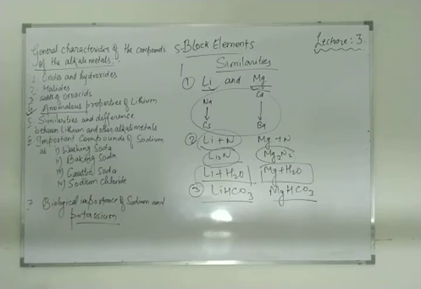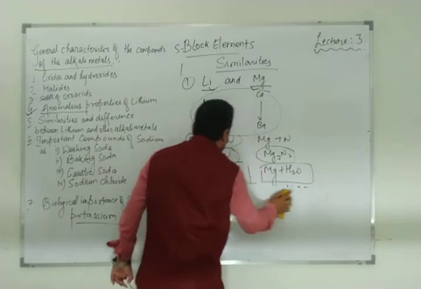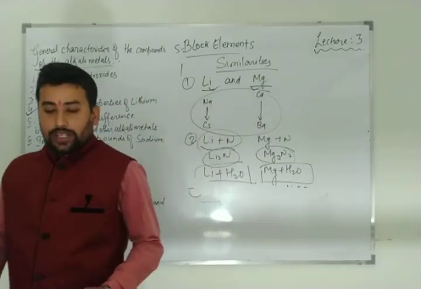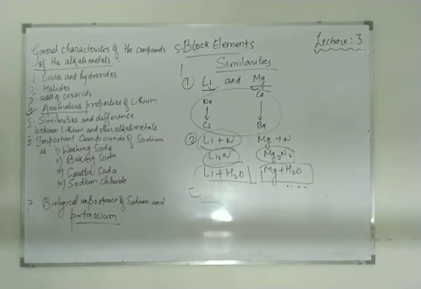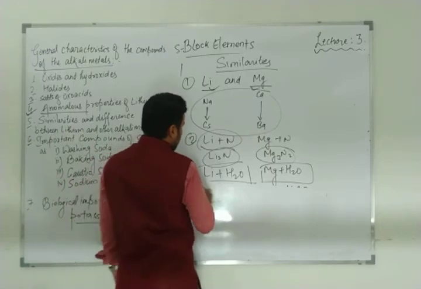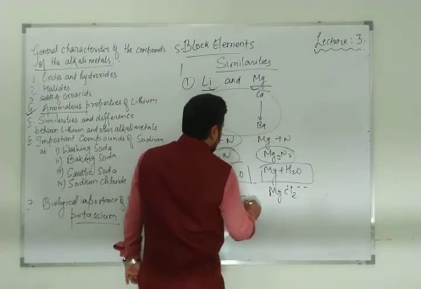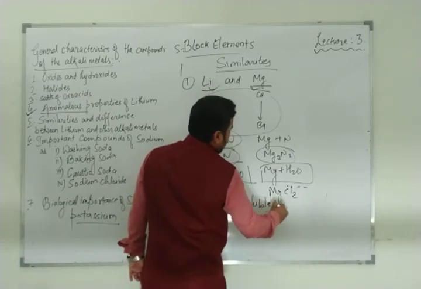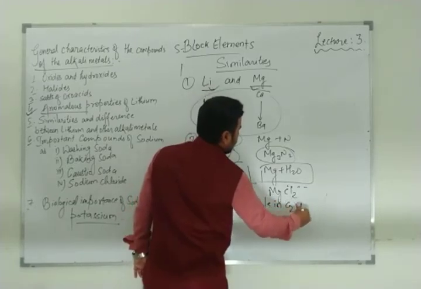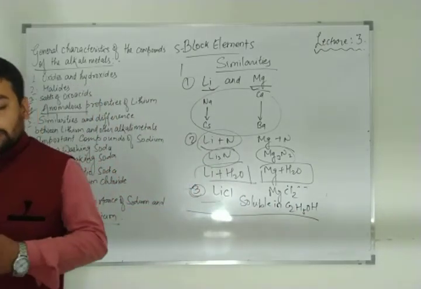Now next, both lithium chloride and magnesium chloride are soluble in ethanol. Yes, the main property you can write is that LiCl and MgCl2 are soluble in ethanol. Very important properties you can write about the similarities of lithium and magnesium.